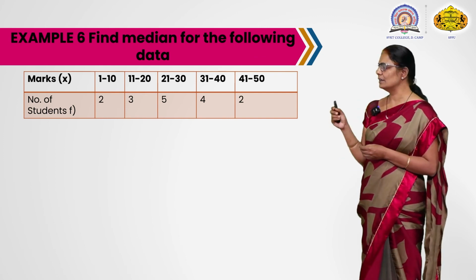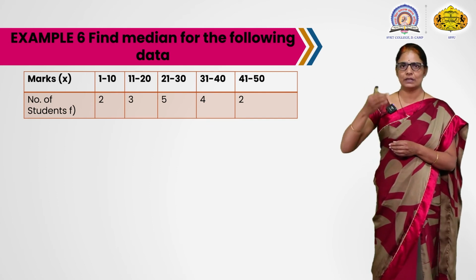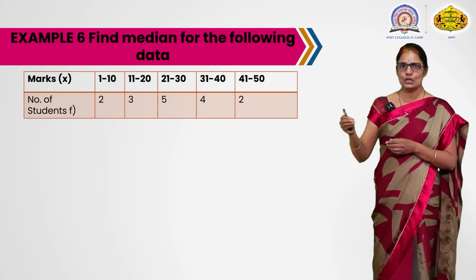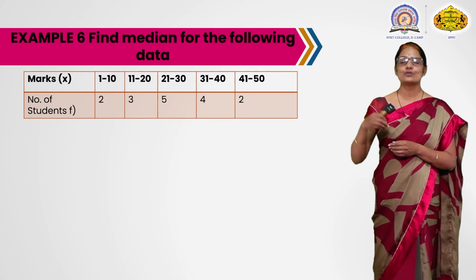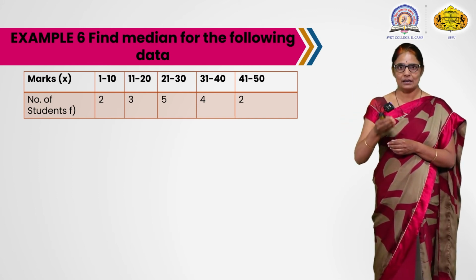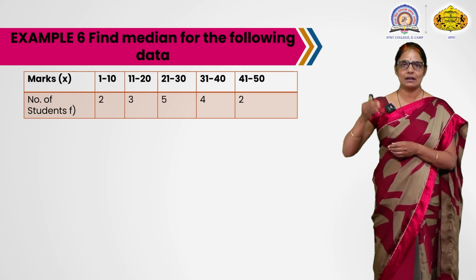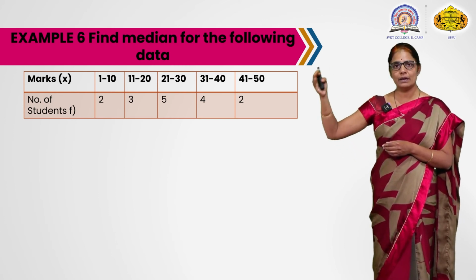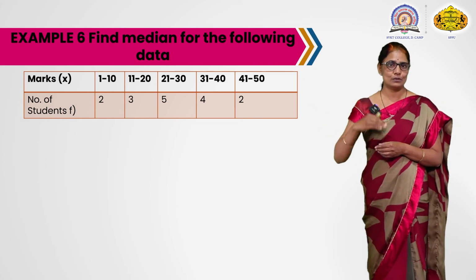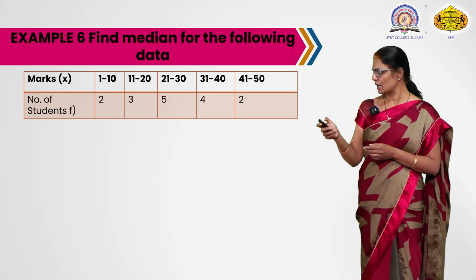So here the difference D is 1 and then we take its half, 1 by 2 is 0.5. To make the classes continuous, to find the class boundaries, we should subtract 0.5 from the lower limit of each class and add 0.5 to the upper limit of each class. So we will get the class boundaries, or the continuous classes.